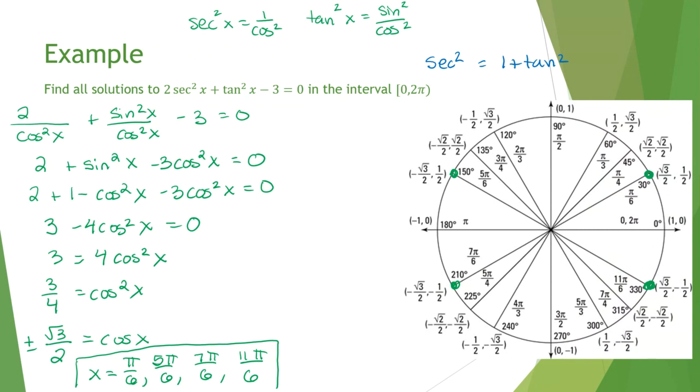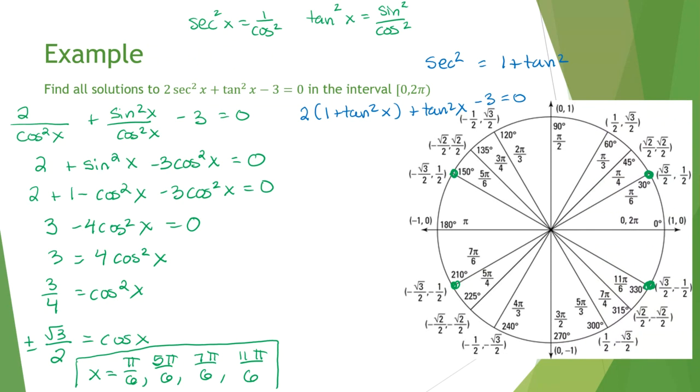So that means instead of 2 secant squared, we have 2 times 1 plus tangent squared of x plus tangent squared x minus 3 equals 0. So I'm sort of squeezing this in here. Should have made 2 slides.